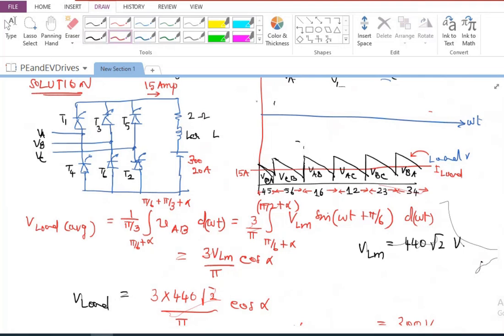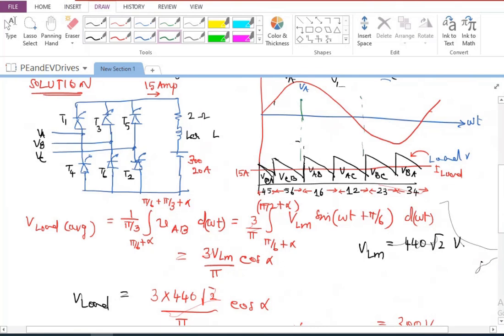So if I say this is going to be omega t, we actually drew the load voltage to be something like, let us say, this is the A phase voltage. So this is VA, whereas my A phase current is actually going to start from here. So A phase current will start from here and it will continue until here. So this will be the A phase current.